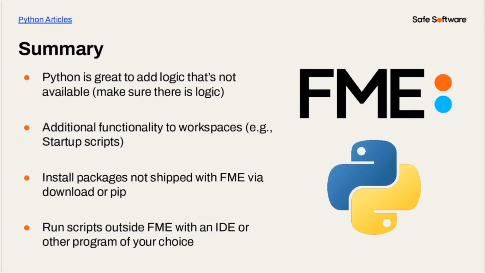And just going over what we've covered in the webinar today: additional functionality to workspaces, which is what Crystal went over, startup scripts, shutdown scripts, scripted parameters, etc. Installing packages not shipped with FME via download, which we've done, and running scripts outside of FME with an IDE. It can work with a program of your choice as well, following those steps.